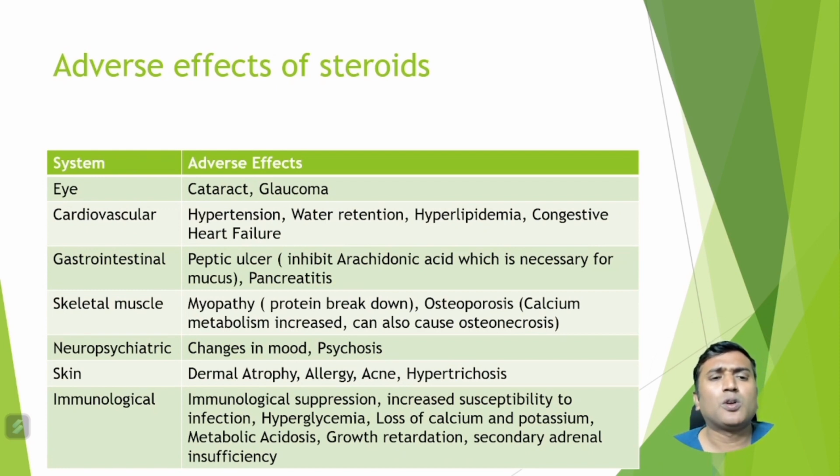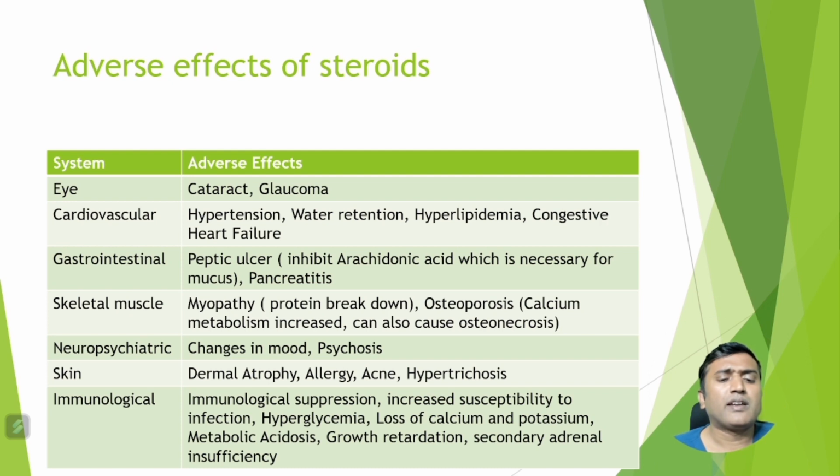Now, we have to see what are all the adverse effects of steroids. So, in the eye, it can cause cataract and glaucoma, and in the cardiovascular system, it can cause hypertension, water retention, hyperlipidemia, congestive heart failure, and then gastrointestinal, it can cause peptic ulcer and pancreatitis. Whereas in skeletal muscle, it can cause myopathic pain and then osteoporosis.